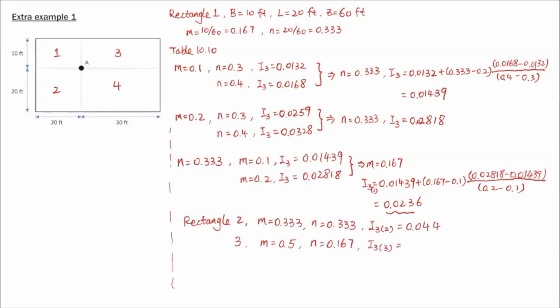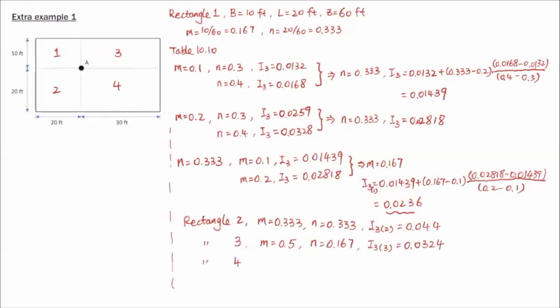For the third rectangle, it only involves one linear interpolation because 0.5 is in that table. So the I3 for the third rectangle is 0.0324.